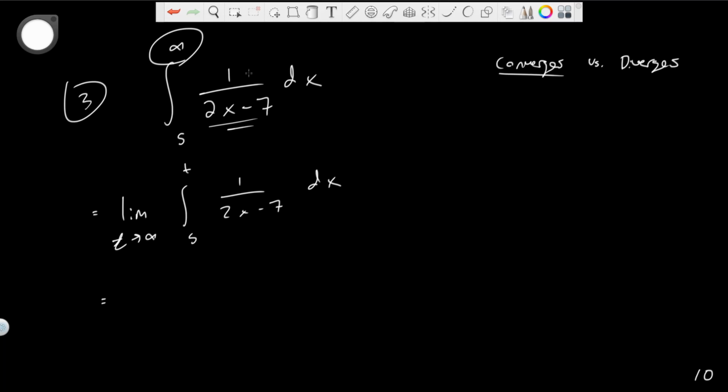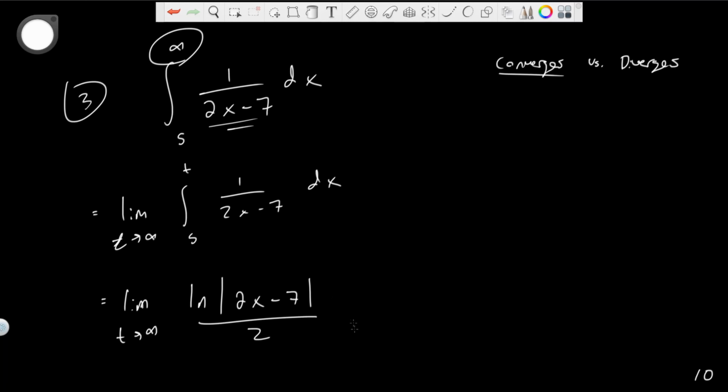This one's going to be a little bit more simple. We're going to have a limit as t goes to infinity of the natural log of 2x minus 7, over 2. If I quickly do some differentiating, I get 1 over 2x minus 7. The 2 is going to pop out and cancel with that 2. We are good. I'm a little bit more comfortable with this one. Cool. That dx should not be there.